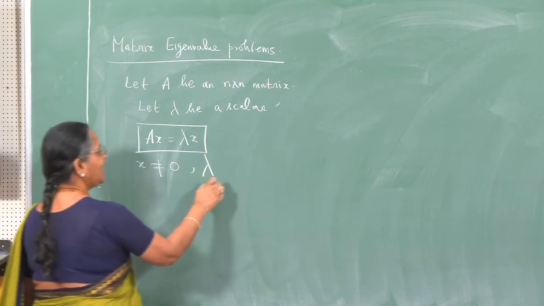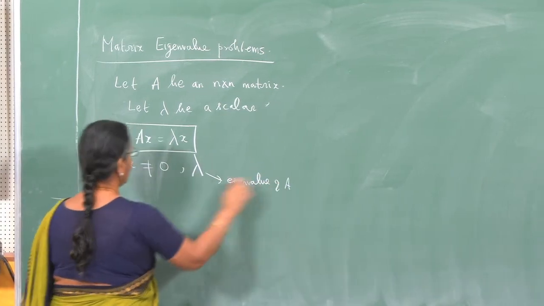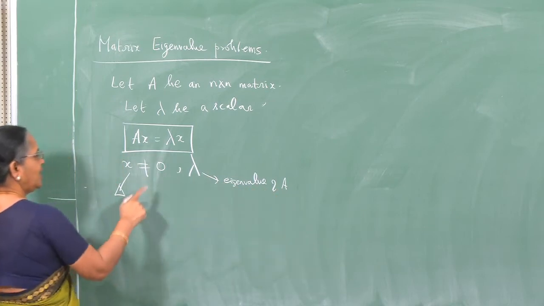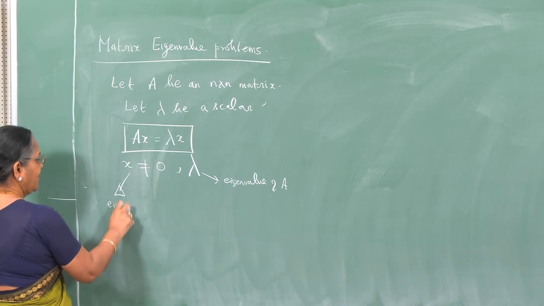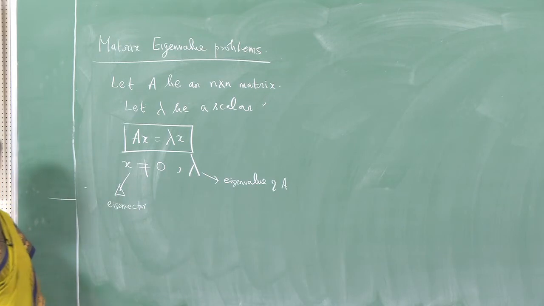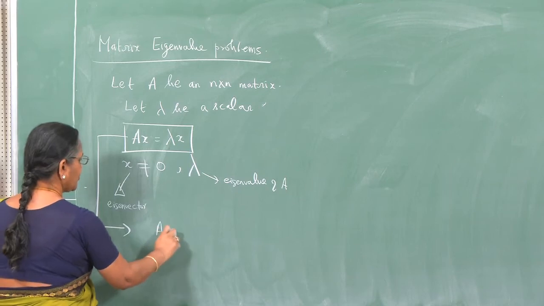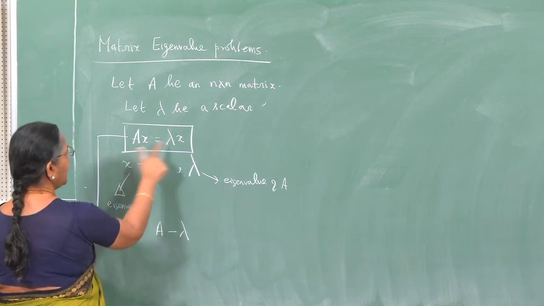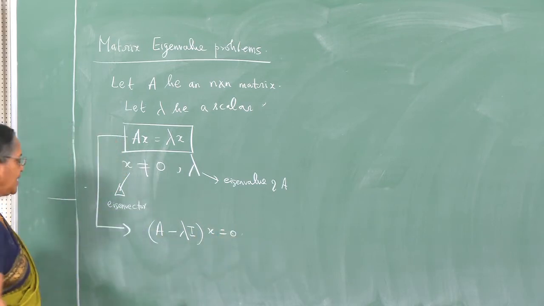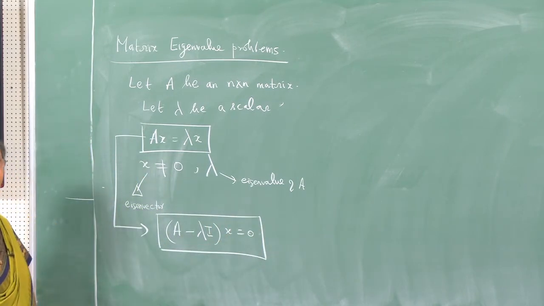The scalar lambda is called an eigenvalue of the matrix A, and the non-zero vector x which is associated with this eigenvalue lambda is called an eigenvector of the matrix associated with the eigenvalue lambda. So, solving this equation is equivalent to solving an equation of the form A minus lambda I into x is equal to 0, which is a system of homogeneous algebraic equations.